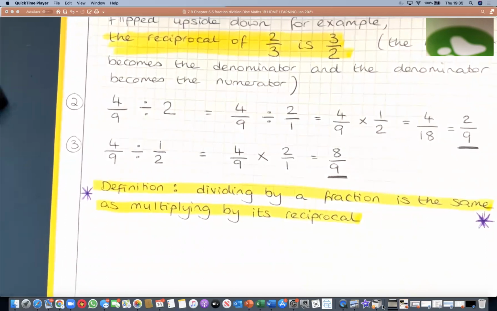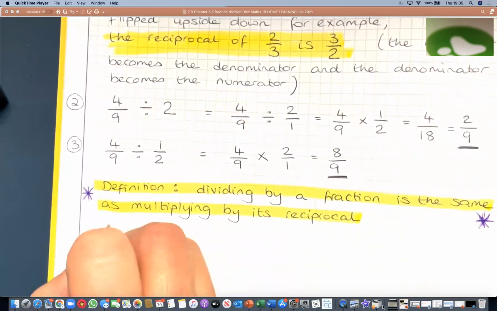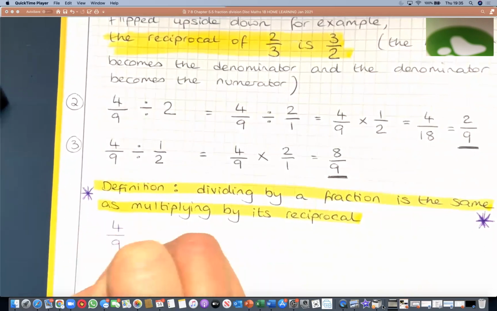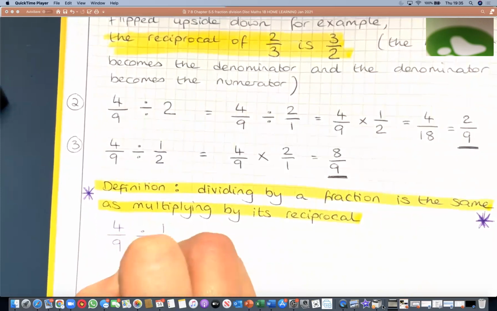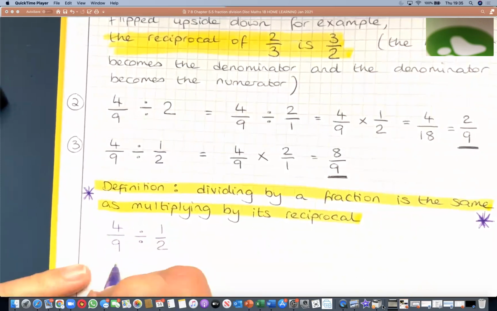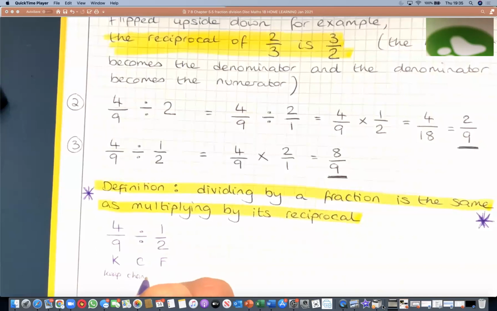So let's just use the same example here. We've got 4/9 divided by 1/2. We write Kentucky chicken fried. K stands for keep, C stands for change, and F stands for flip.